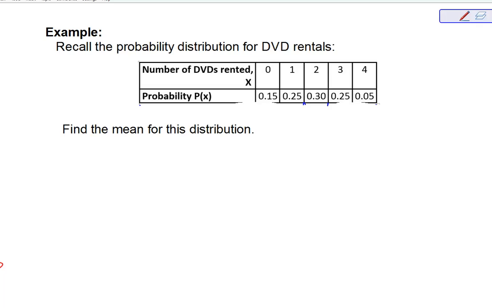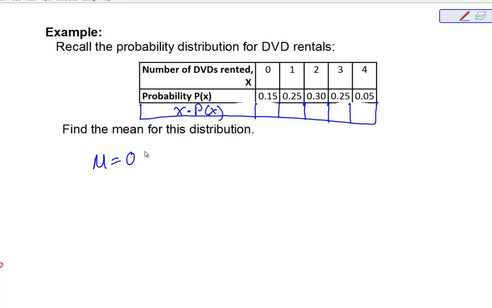One way of finding the mean is also to add on a row here that just takes x times its probability. What I'm doing is taking the possible outcome and multiplying it by its probability, which is the same thing that we do in our mean formula.